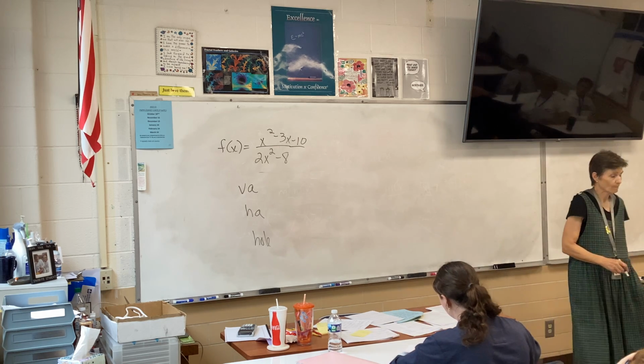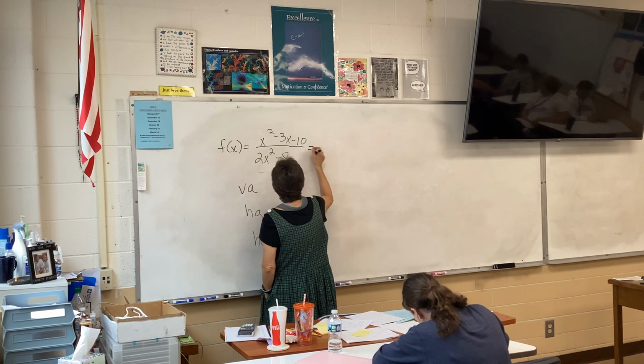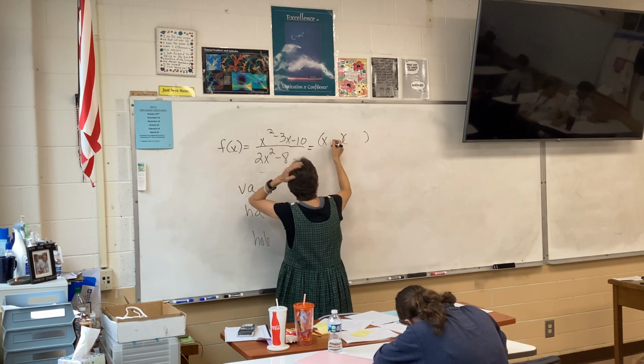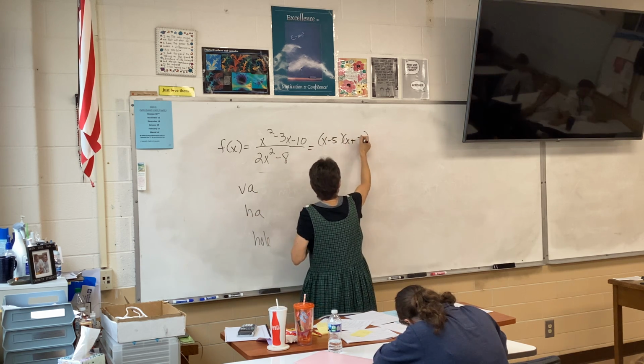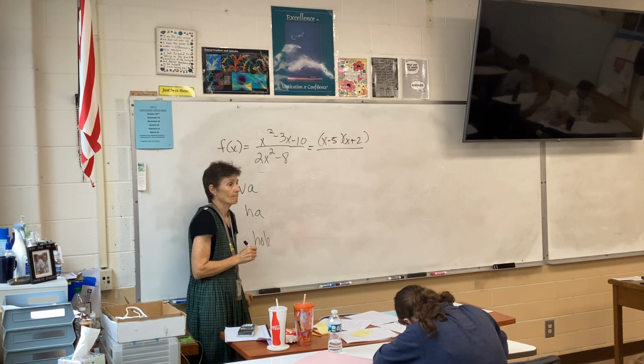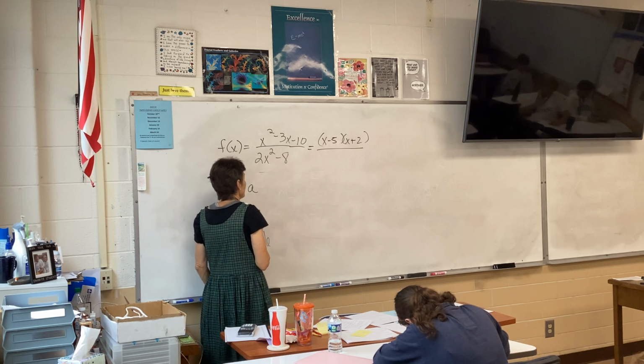First we have to factor. So, does the numerator factor, x squared minus 5x plus 2? How about the bottom, the denominator? It does. Yes. You have to take out a 2 first.